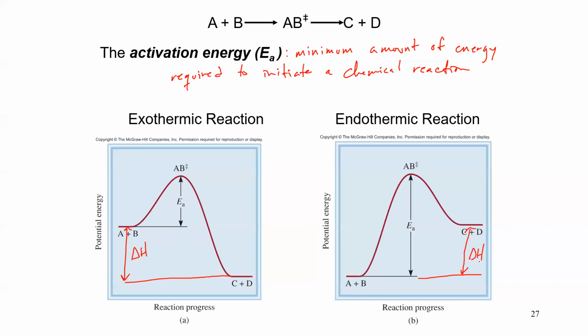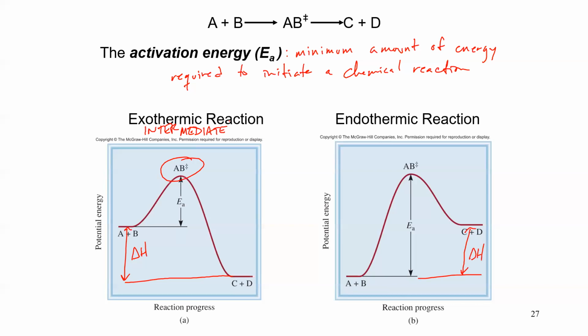Okay. Now at the middle here, this AB with the little double dagger, this is an intermediate. And so in this example, what they're saying is that A and B come together to form AB, a new molecule. That's not A, it's not B, it's AB.